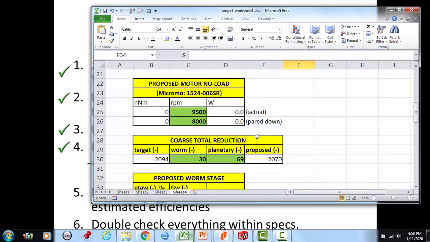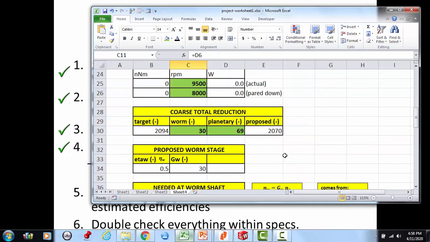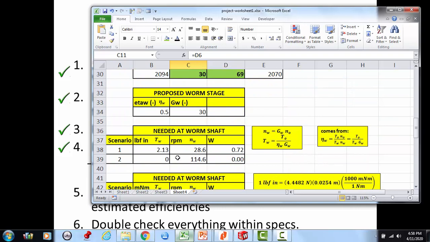So we're going to walk back the loaded 32 inch-pounds. We're going to walk that back, and we're also going to walk the two speeds, the two scenarios, the loaded and the unloaded scenarios.